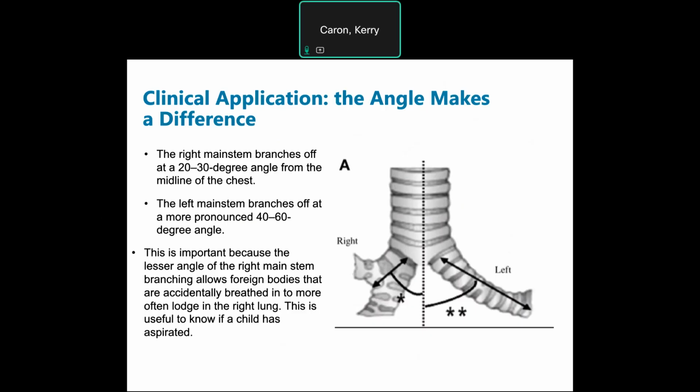So the right side, that lesser angle, because it's not branched off as much, allows more foreign bodies to get lodged in the right side accidentally than the left side. So if we were to choke on something and we were to bet which side it might be lodged in, it's more likely to be lodged in the right side.